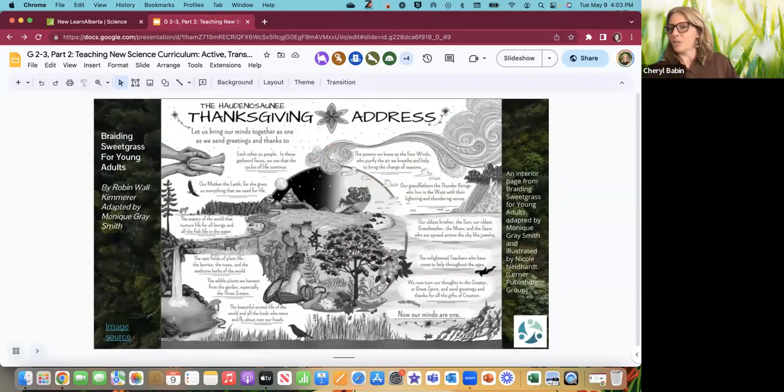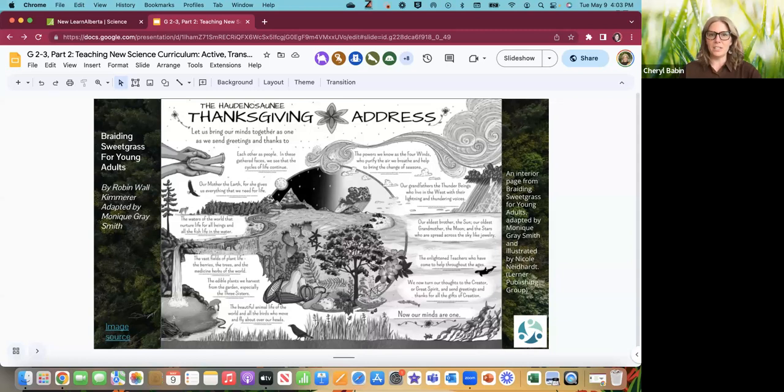Today, I'd like to start with another reference, another piece of inspiration that I found in Braiding Sweetgrass for Young Adults. I really loved this book, and it was really inspired by the ways in which it helped to bridge the idea of scientific knowledge and an Indigenous way of looking at the world, and that reciprocity that exists within their worldview.